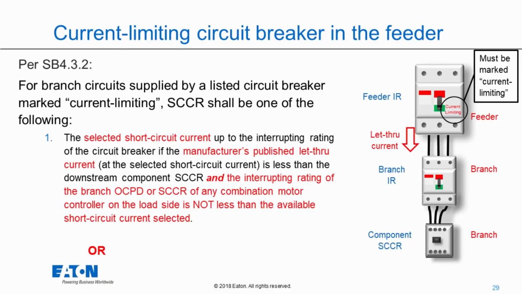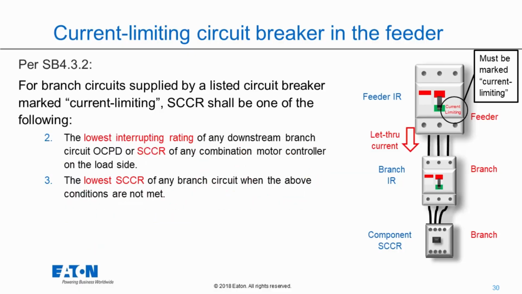What we do in this case is sort of similar to that transformer example. We look up that let-through current. We find a prospective fault current, those fault currents that ideally we want to raise our branch to, and we look up how much of that current gets let through that breaker during that short circuit condition.